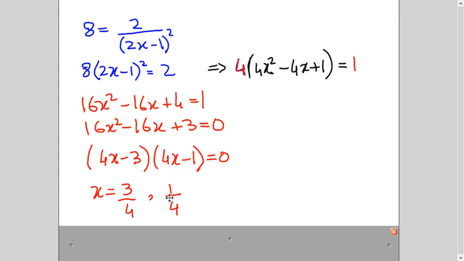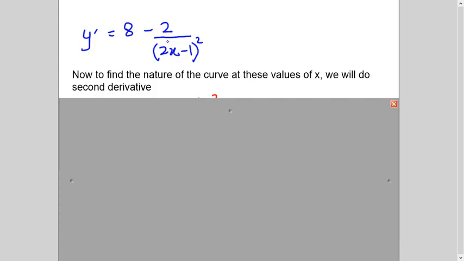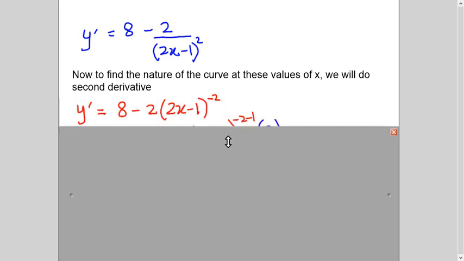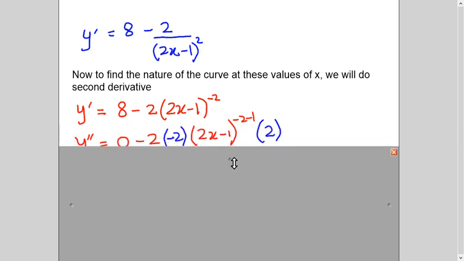Now we have to find whether at these values of x the curve is maximum or minimum. So now we will differentiate this first derivative once again, because the second derivative gives us the nature, maximum or minimum. Before differentiating, I'm taking this up in the numerator. It's easy to differentiate in this way.